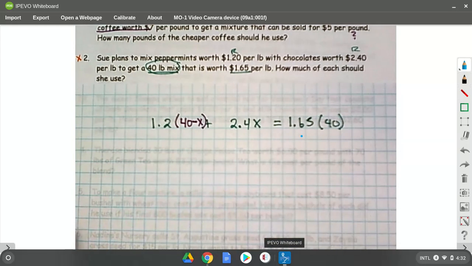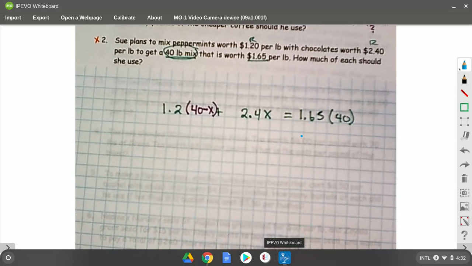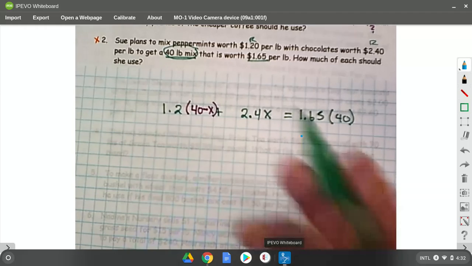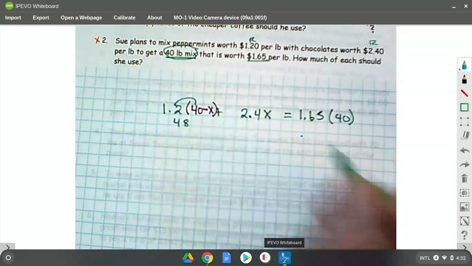All right, so if I have $1.20 times 40, let's see, $1.20 times 40, I get 48. I'm distributing here.